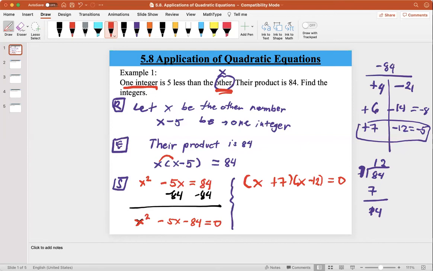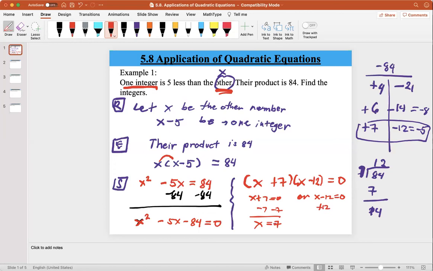We have x plus 7 equals 0, or x minus 12 equals 0. Minus 7 on both sides. Your x is equal to 7. And how about here? Plus 12 on both sides.